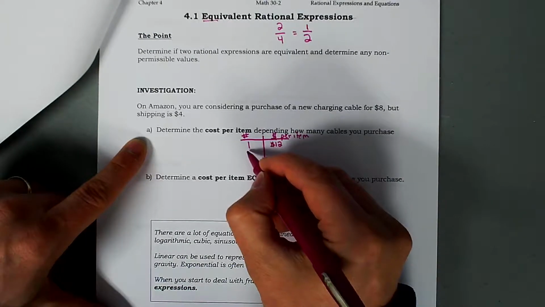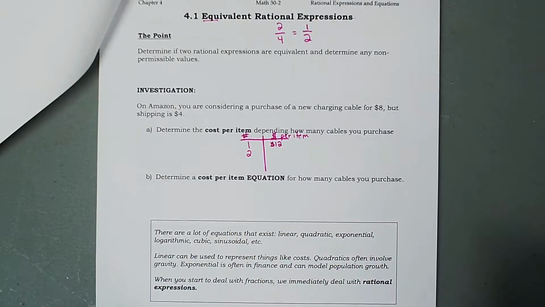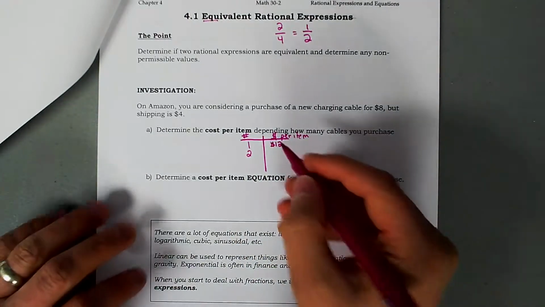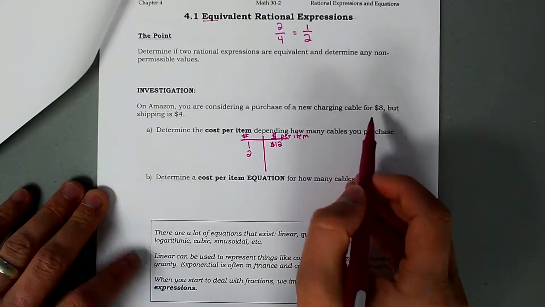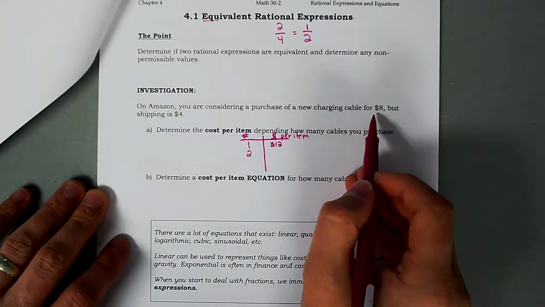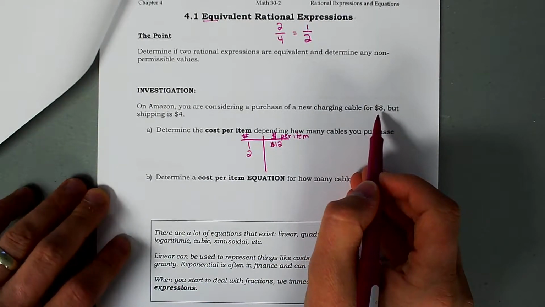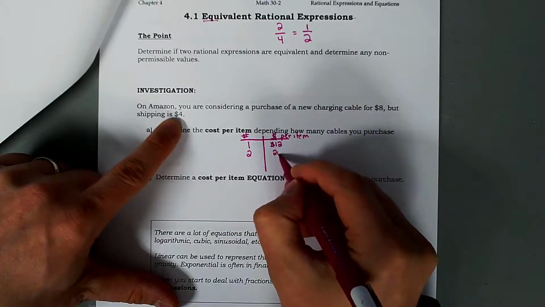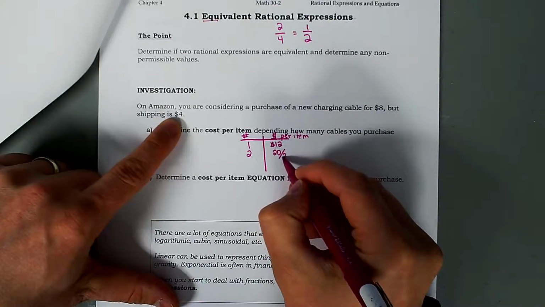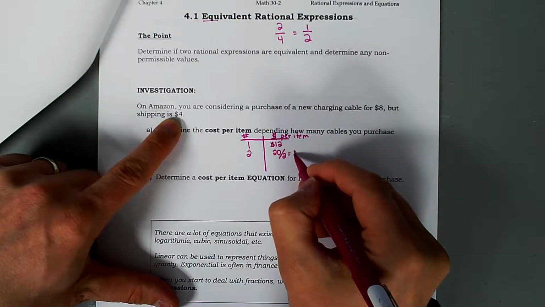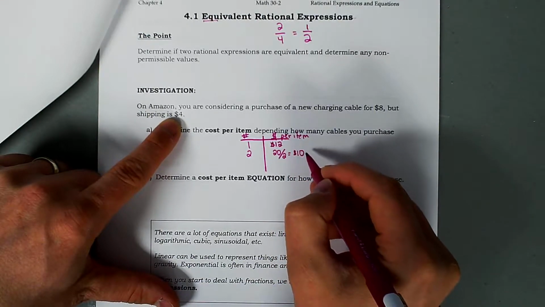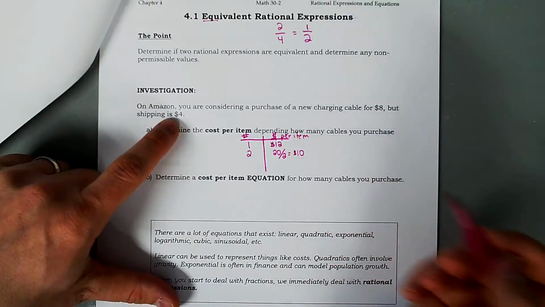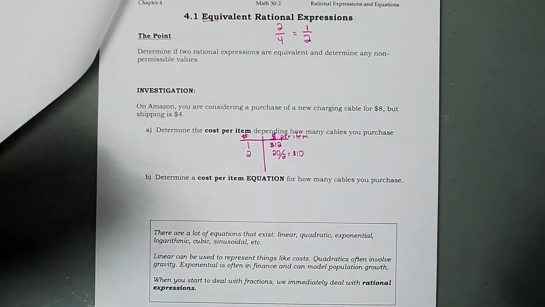If you were to purchase two items, it's now going to cost you $8, and another $8 is $16, plus the 4 is $20 per 2 items. It ends up costing you $10 per item because they're sharing that shipping charge.